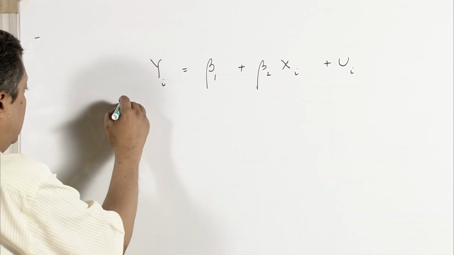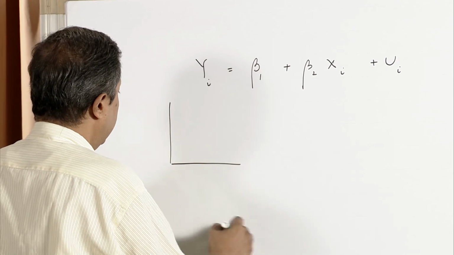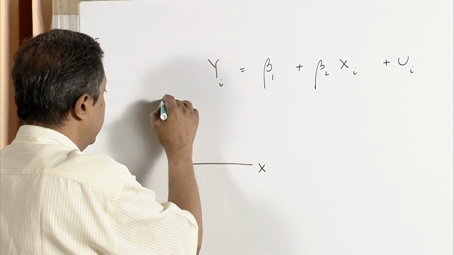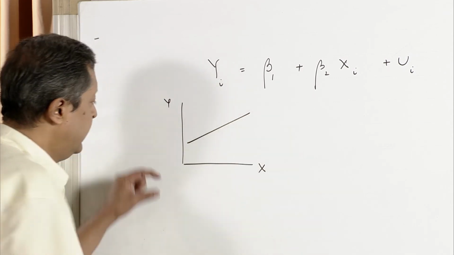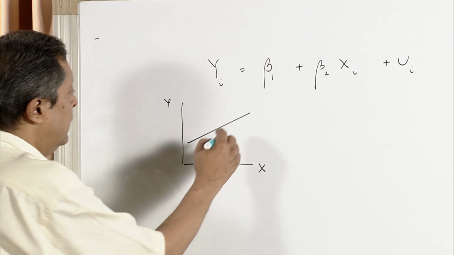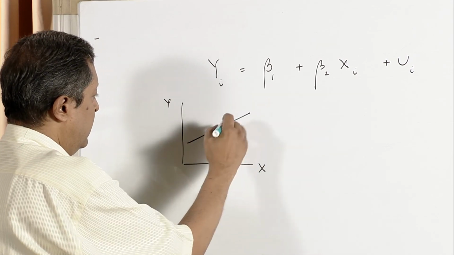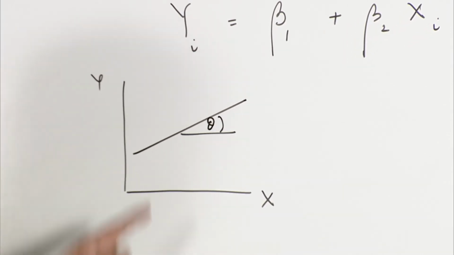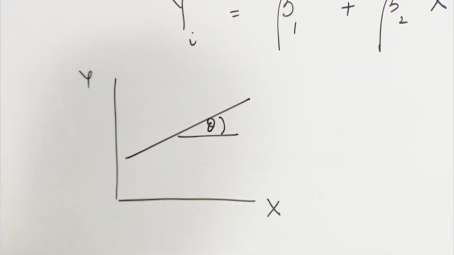And needless to mention, the estimated relation or the population regression would look something like this. So, that is the intercept and the slope is shown by the measure of the tangent of this angle theta. So, tan theta is the slope of this line.